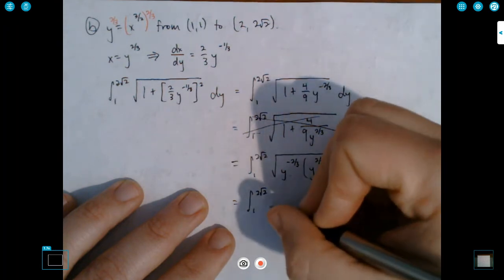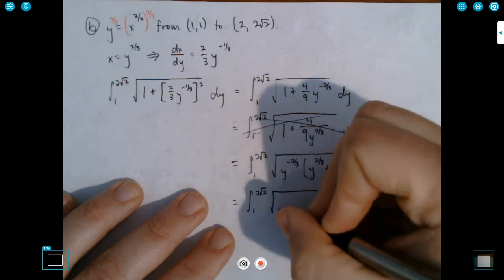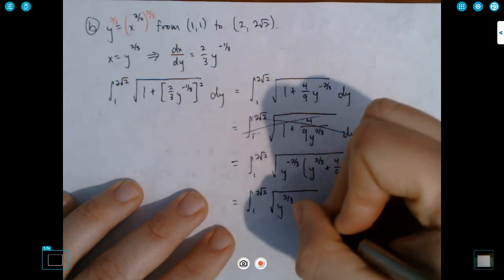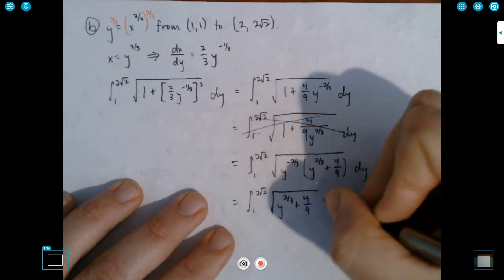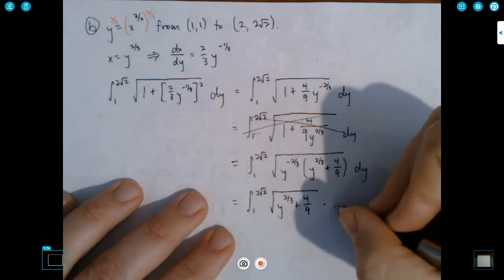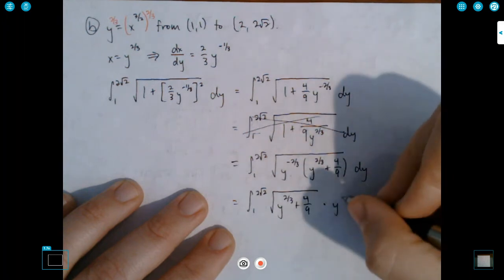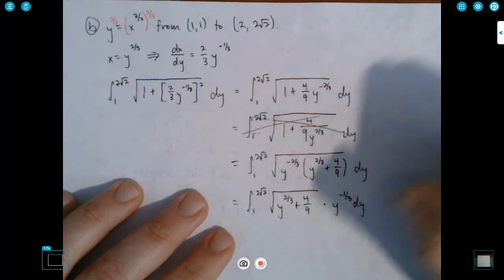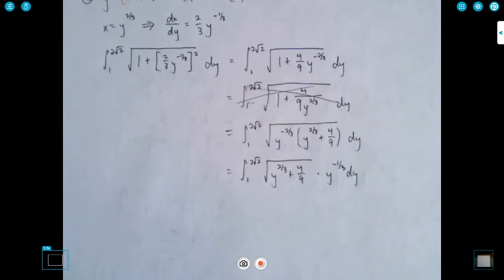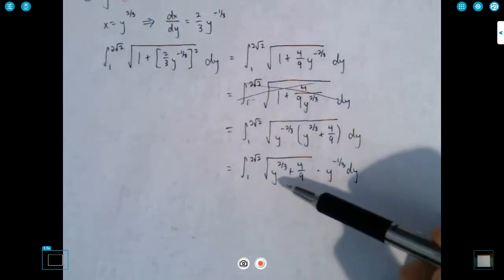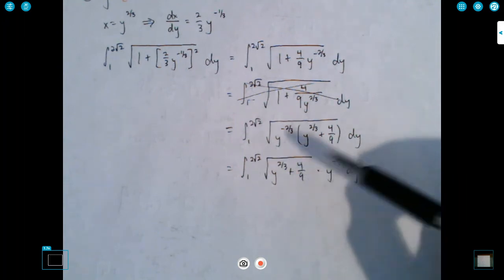So I can call this square root of y to the 2/3 plus 4/9 times, if I take the square root of y to the negative 2/3, I get y to the negative 1/3 dy. Perfect, right? Yes. Oh, I love it when a plan comes together.